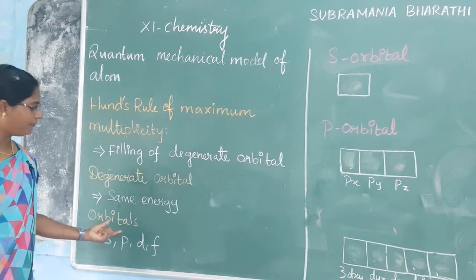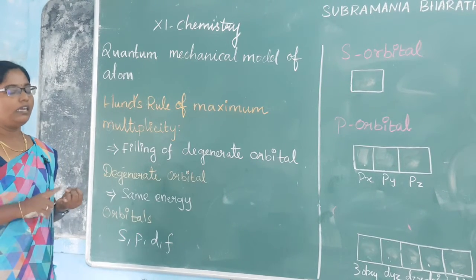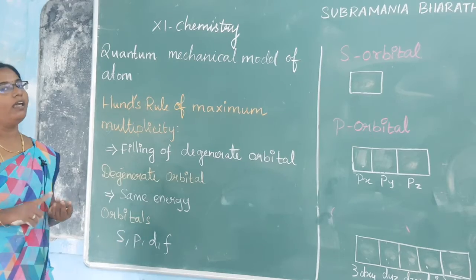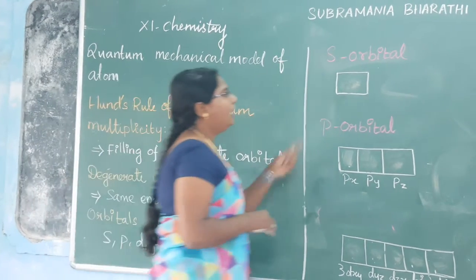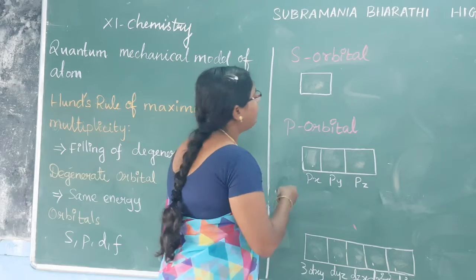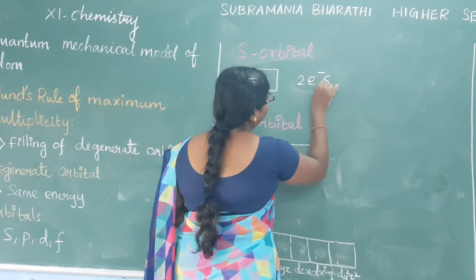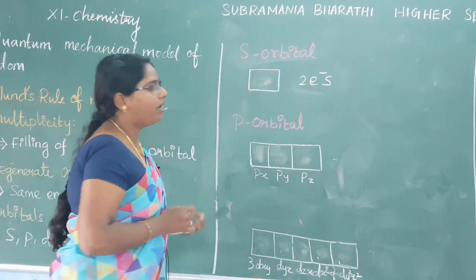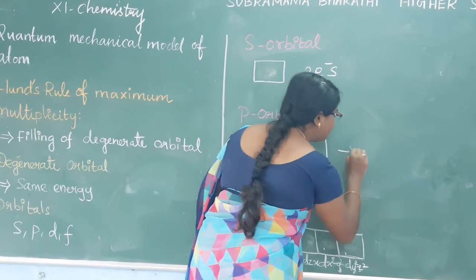So, we already know the orbitals. What are all the orbitals? S orbital, P orbital, D orbital and F orbital. We know the electrons too. In S orbitals, how many electrons can be accommodated? 2 electrons. In P orbital? 6 electrons.